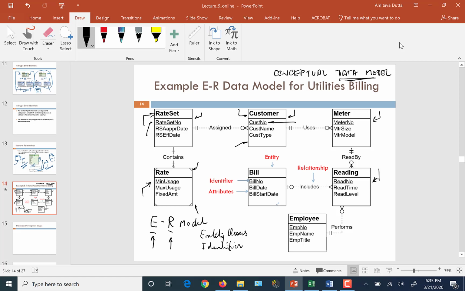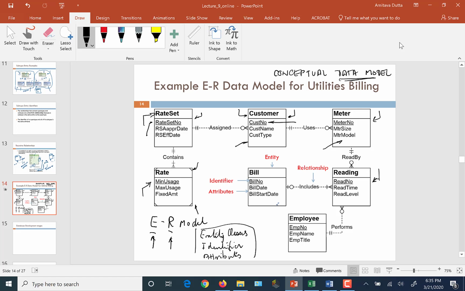Okay. The third aspect of entities is that every entity has attributes. These are properties of the entity, and they're typically written within the box.